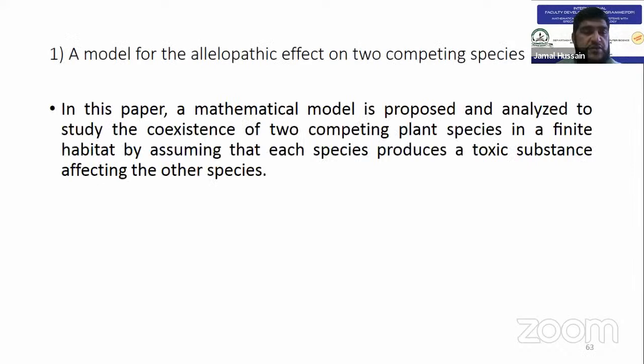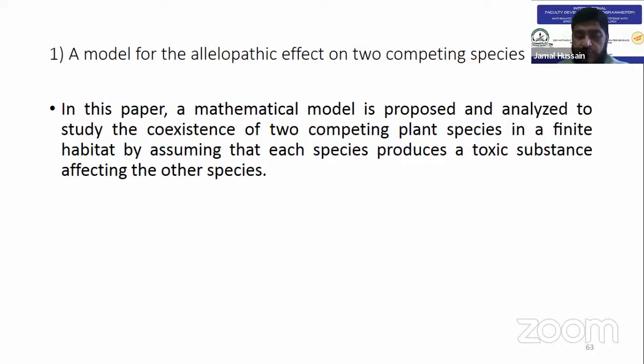In this paper a mathematical model is proposed and analyzed to study the coexistence of two competing plant species in a finite habitat, by assuming that each species produces a toxic substance affecting the other species.